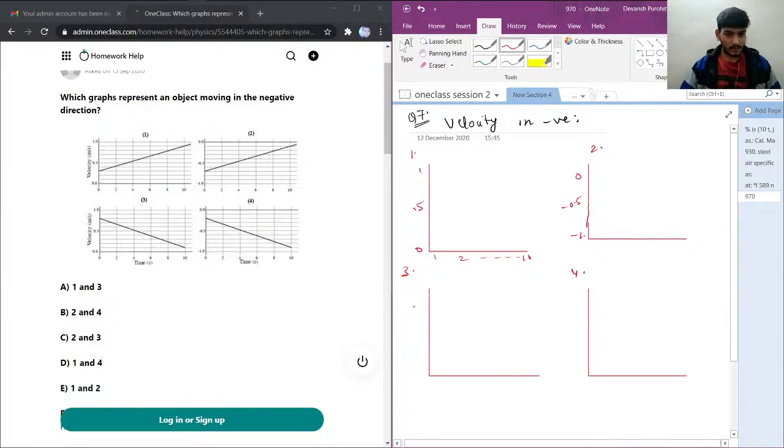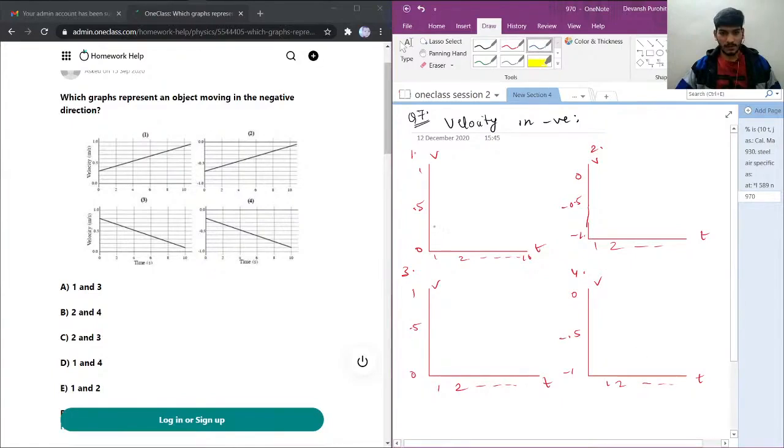And the third one we have 1.5, 0, and again here we have negative 1, negative 0.5, 0. This will be 1, 2, 3. This is time, velocity, time, velocity, time, velocity, and time.